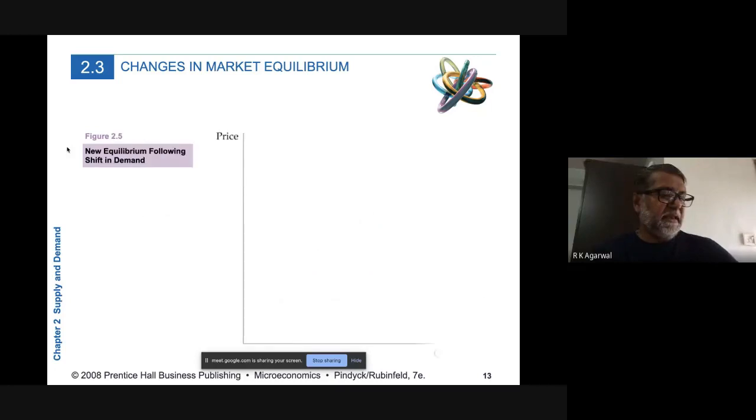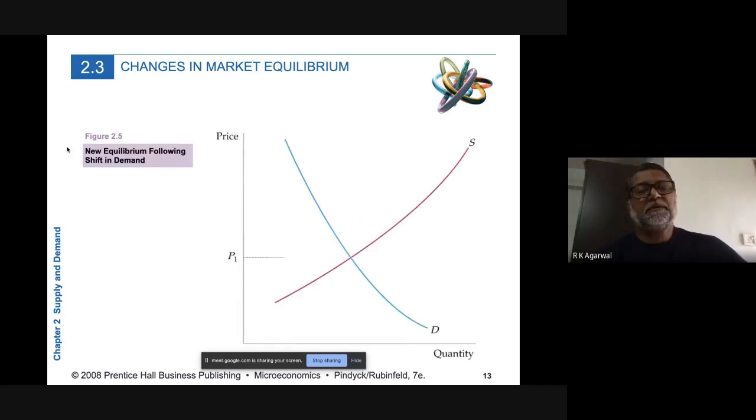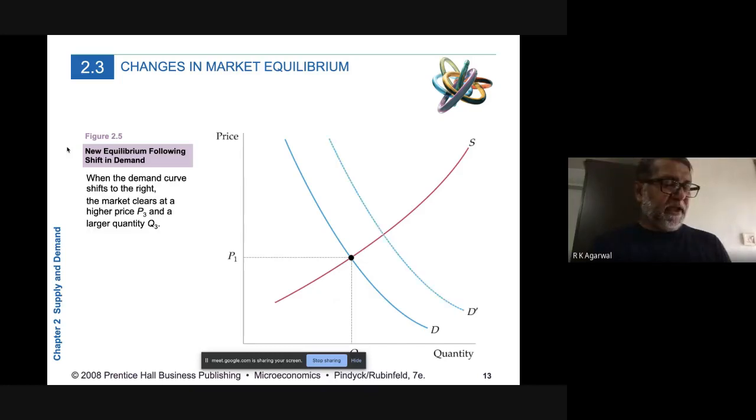Next, what will happen if the demand curve shifts but the supply curve remains the same? You can also work it out on your piece of paper, but here to save time, let us say the demand curve has shifted to its right. Let's say because of an increase in the income of the consumer.